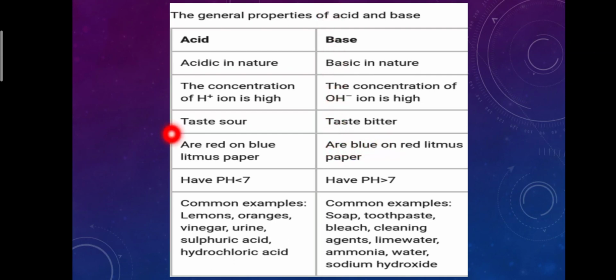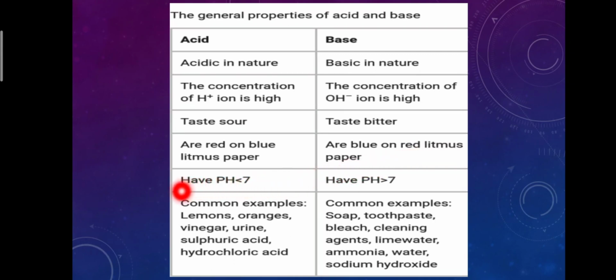Acids turn blue litmus paper red, while bases turn red litmus paper blue.